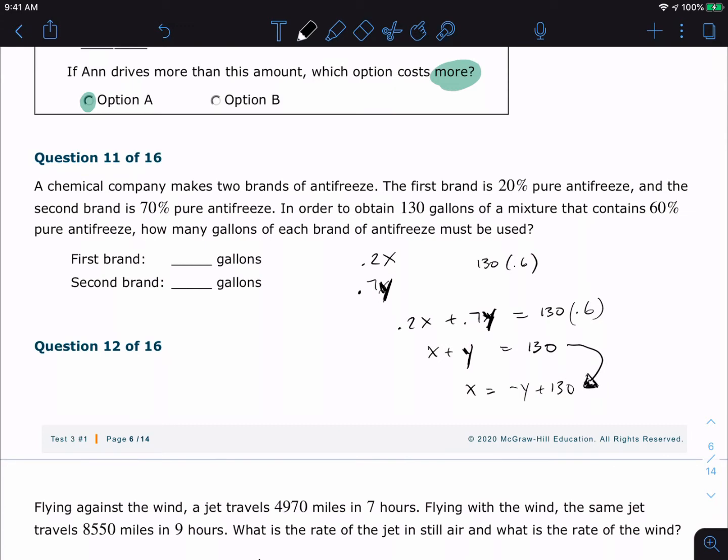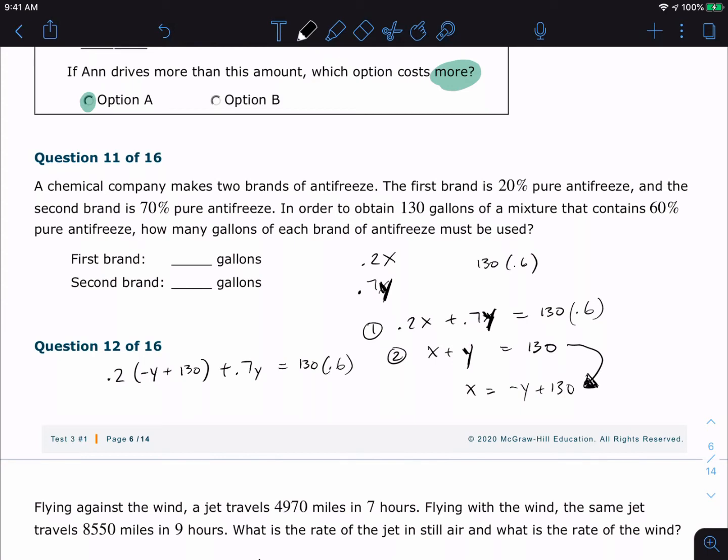Now I'm going to substitute that in for x into the first equation. So I'll call that 1 and 2. And I'm going to go 0.2 times negative y plus 130 plus 0.7y is equal to 130 times 0.6.